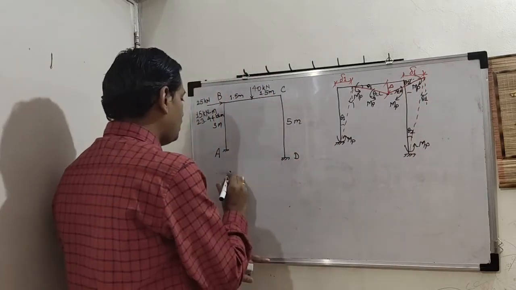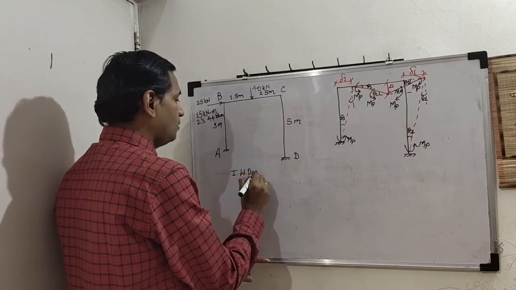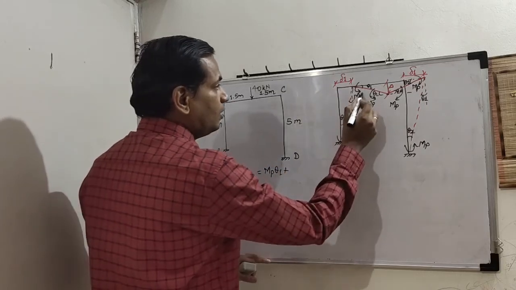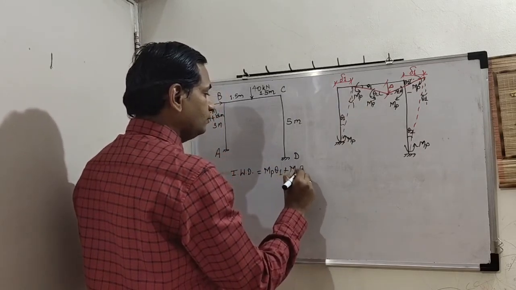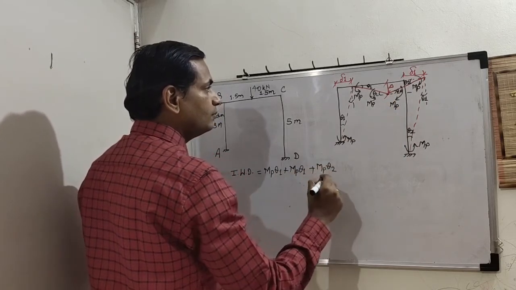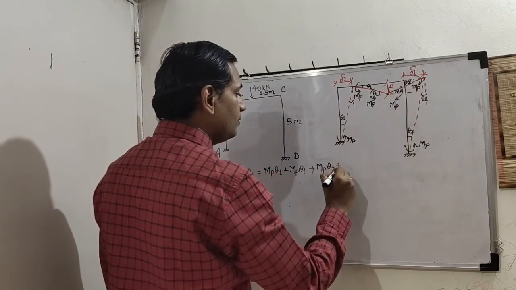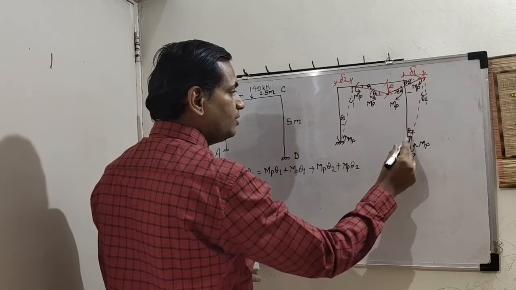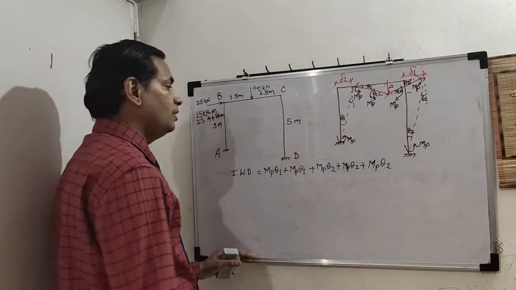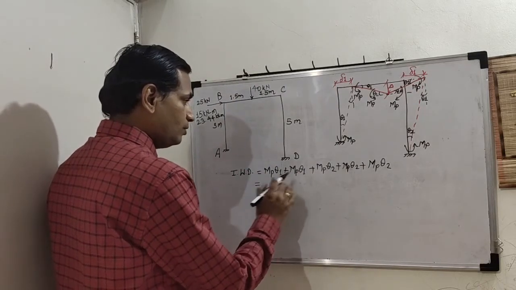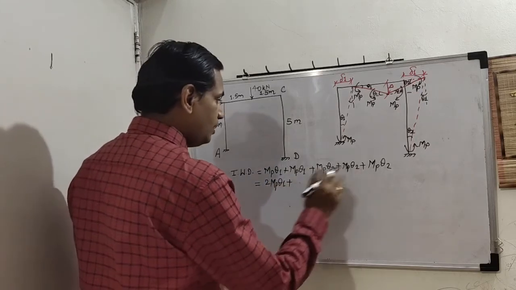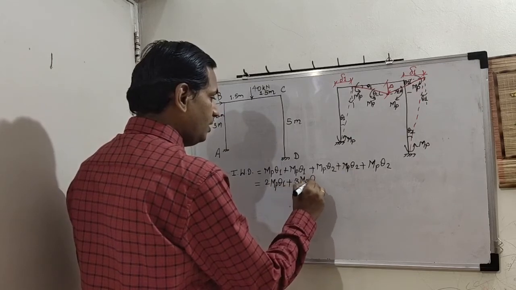So internal work done now. MP theta 1, MP theta 1 plus MP theta 2, again MP theta 2, and this MP theta 2. Okay, so total 1 2, so 2 times MP theta 1 plus 1 2 3, 3 times MP theta 2.